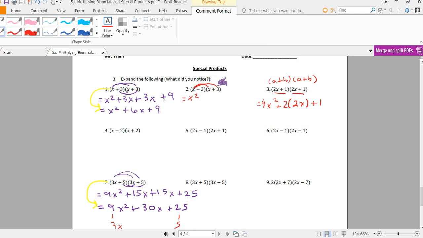If I multiply the first term with the last term, 3 times x, so I'm just expanding it right now, I get plus 3x. If I multiply this with that, that will give me minus 3x. And then last but not least, negative 3 times positive 3 gives me negative 9.